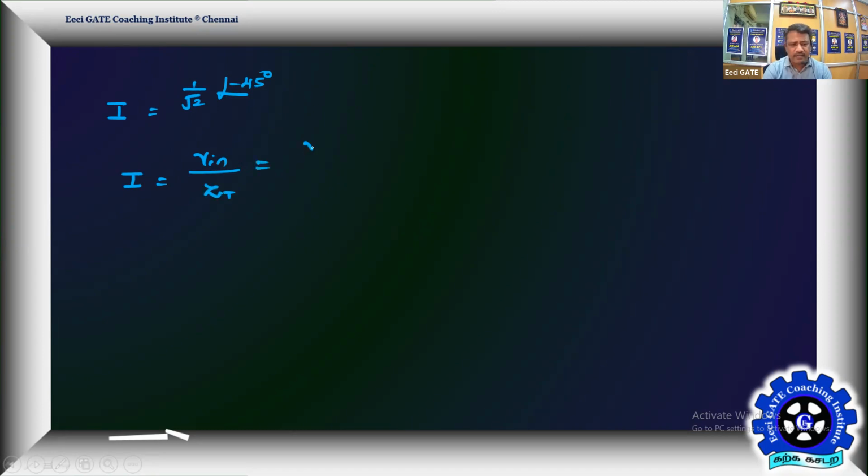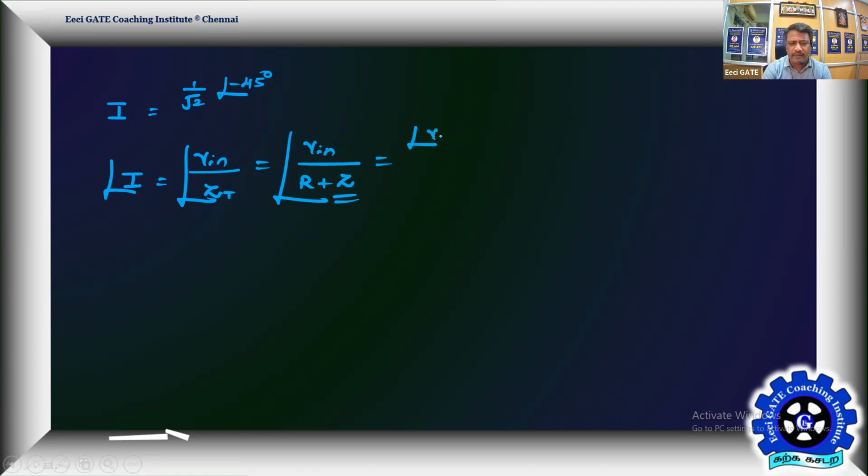That is nothing but your V in excitation, which is well known, divided by R plus Z. Let me take that Z is going to be imaginary, so you can take it as j modulus of Z also. Let me come to that point. The angle of I is known, so who is going to make the angle of I? The total impedance is going to make the angle of I.